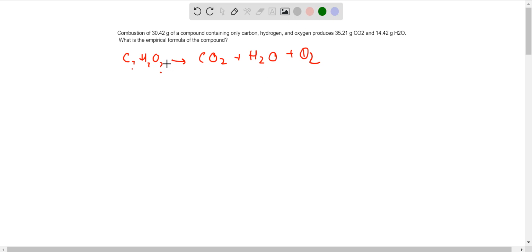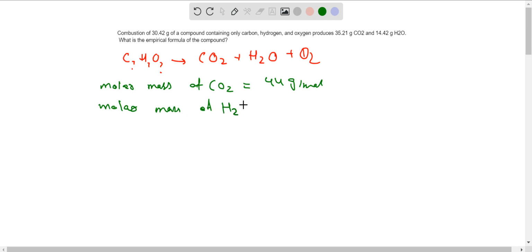In this problem, we have to find the empirical formula of a compound containing carbon, hydrogen, and oxygen. The molar mass of CO2 is 44 grams per mole, and the molar mass of H2O is 18 grams per mole.